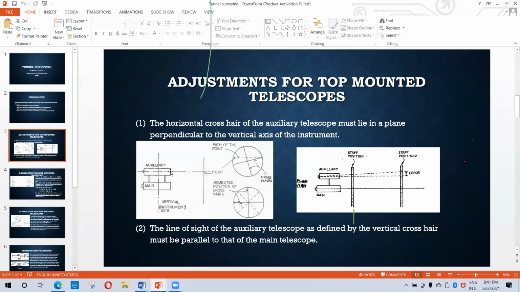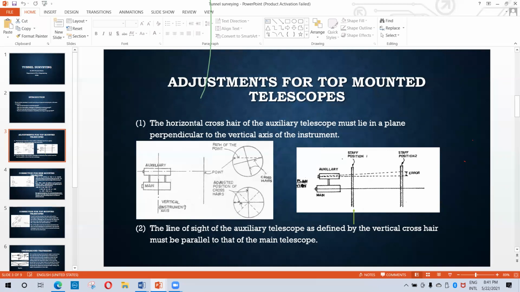If the target does not go along the horizontal crosshairs, there is a problem. So you need to rectify by adjusting the positions of the crosshairs, right? So you have to make sure that these are properly horizontal and vertical crosshairs are present in your telescope.